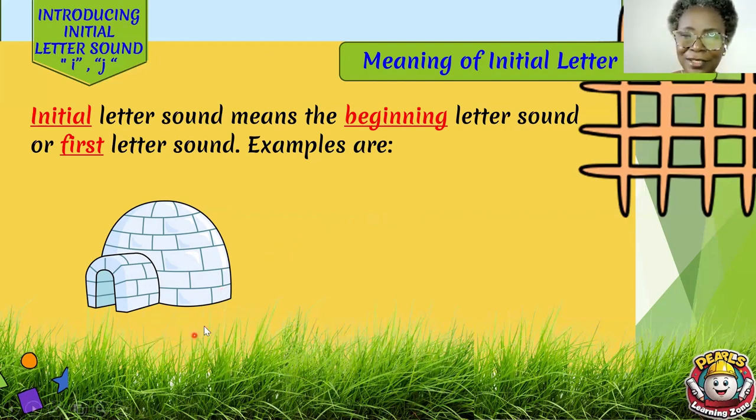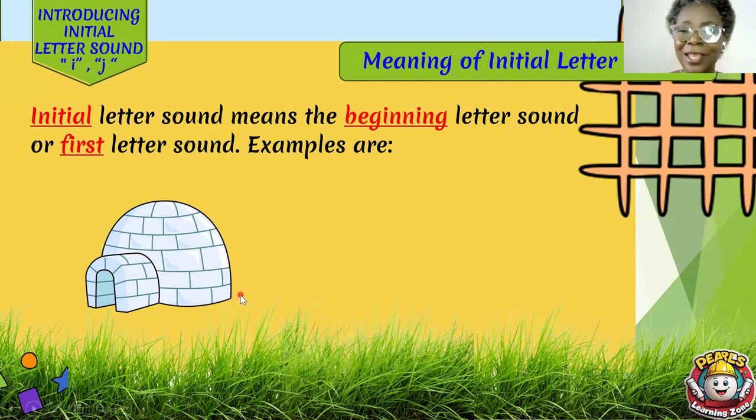So this is, who knows what this is? Igloo. So I said igloo. When you hear the word igloo, what is the first sound you hear? First sound, beginning sound, initial sound. The three of them mean the same thing.